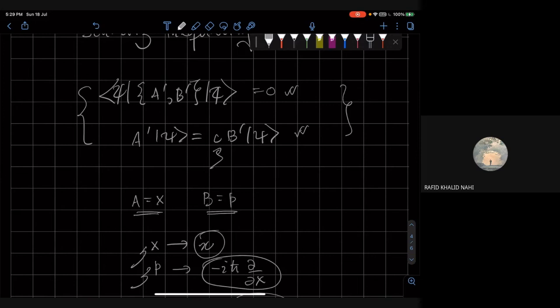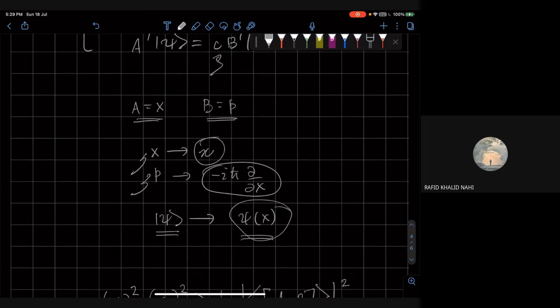These are first order differential equations, so it should not be very hard to integrate. And from there, you can find out that the function that satisfies this is going to be a Gaussian. Okay? Okay, Isa, is that fine? Yes, sir.